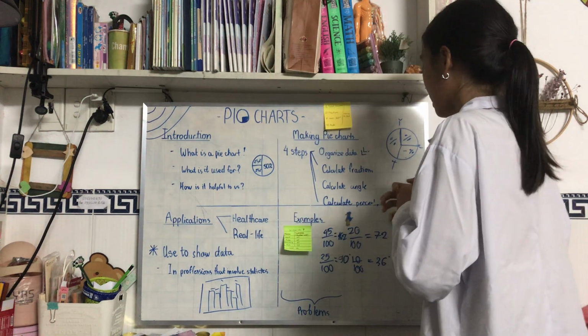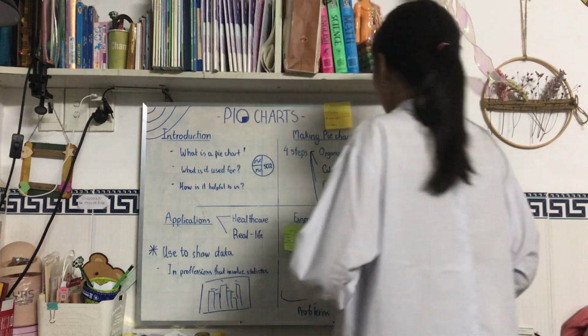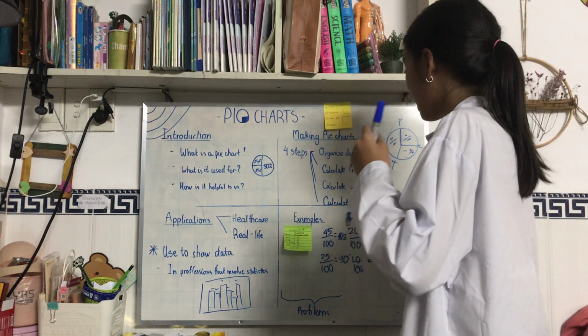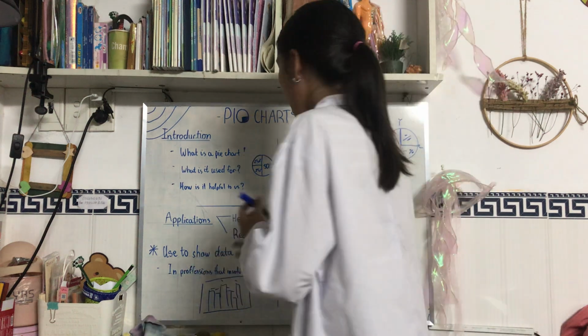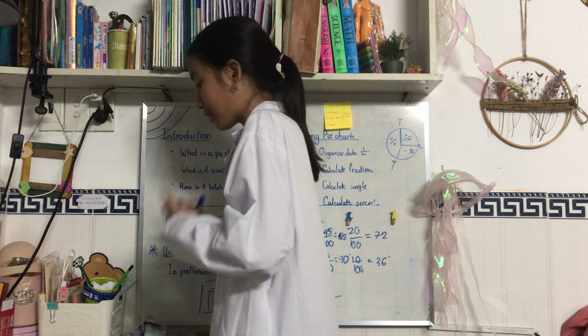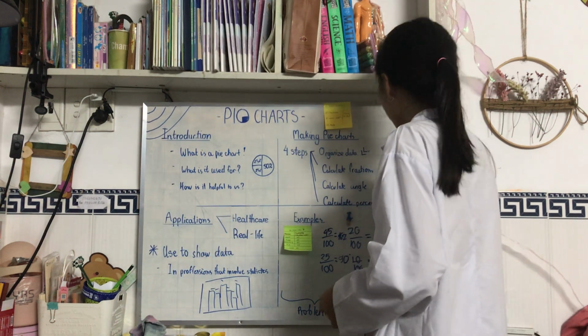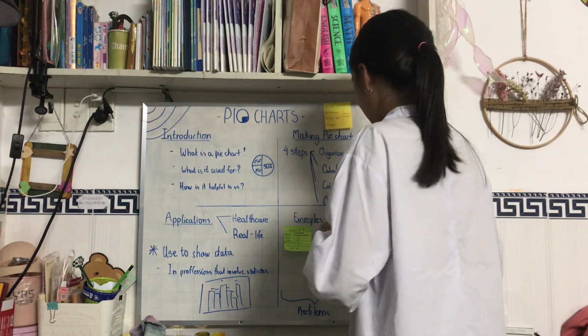Then we will calculate the percentages. Think about what we have learned. How can we calculate the percentages? We will take 100 and then times 100%, then divide it by 100%, then we will have the answer, which is 1. 1 times for everything, and then we will have the degrees. We will have the percentage.